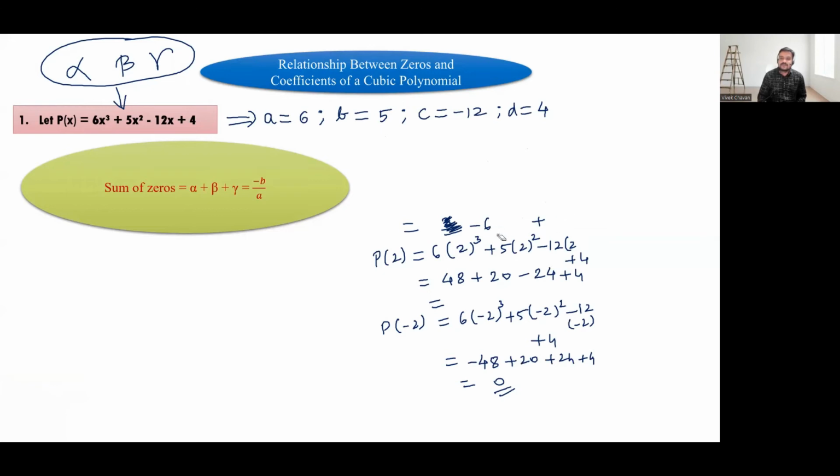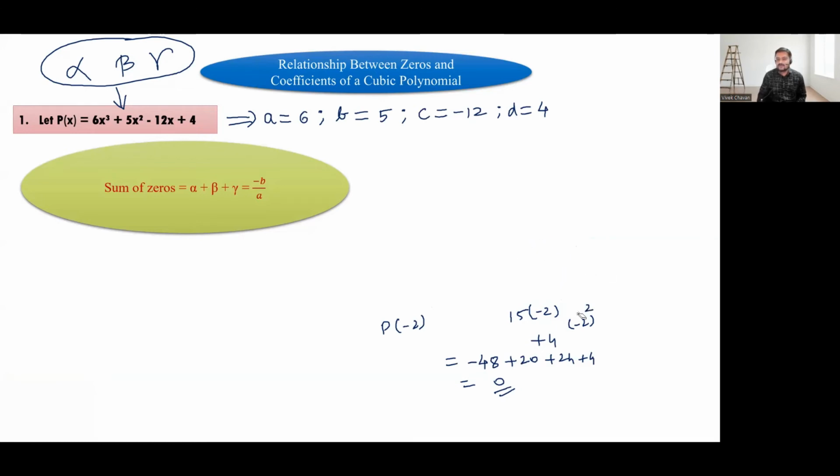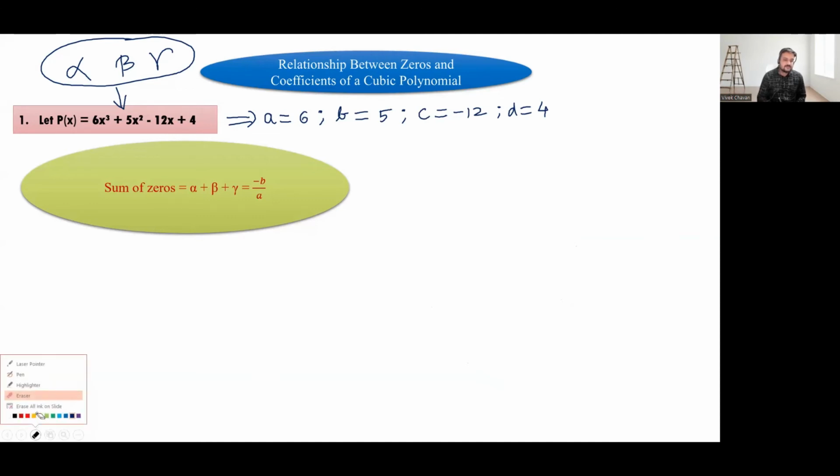Is it clear to everyone how to find the zeros of a cubic polynomial? This is where you may face difficulty. Finding the zeros of the remaining quadratic and linear is quite easy. For a quadratic, we split the middle term, but for a cubic, we have to do some extra steps. First we find one zero by the trial and hit method, then we convert the cubic polynomial into a quadratic with the help of that zero, and after that we find the remaining 2 zeros.